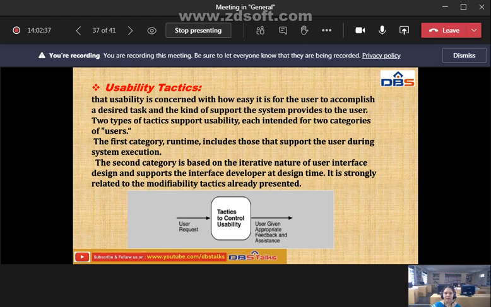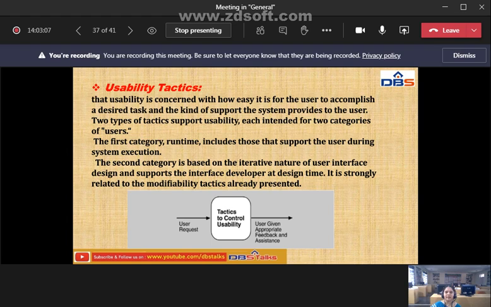So, here we have two types of support for two different categories of users. The first category, runtime, includes those that support the users during system execution.